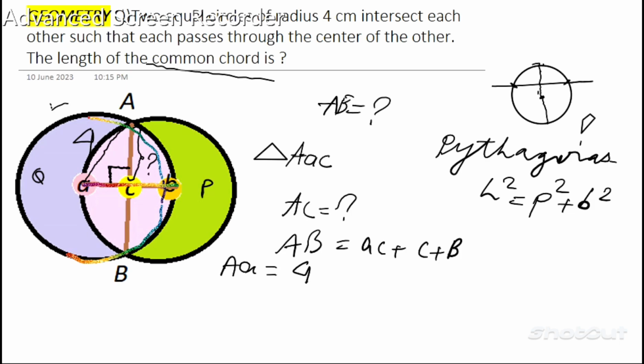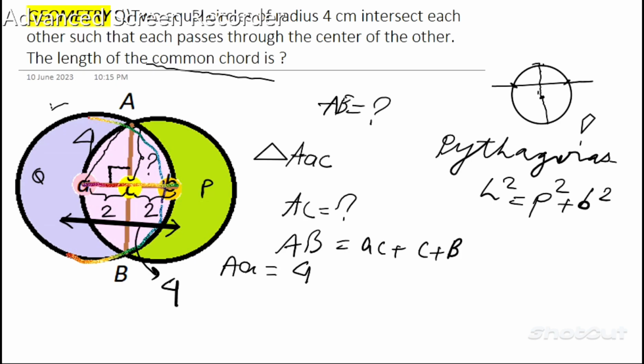And when you intersect it right in the center, you get two parts, AC and CB, where AC is actually 2. This part is 2, and this whole thing is 4. We have just split it in half, so this part is 2 and this part is 2.